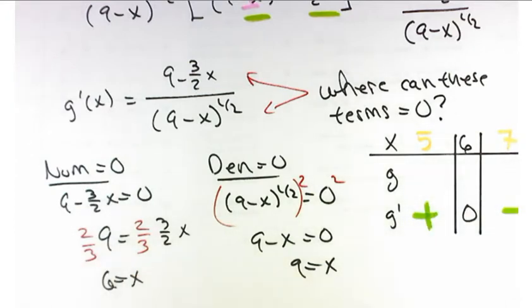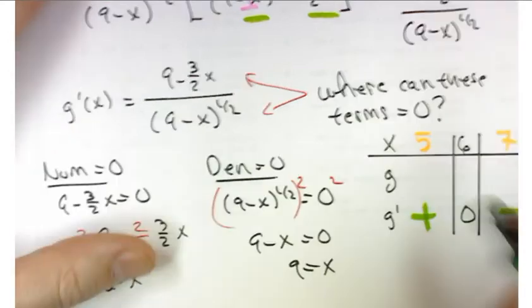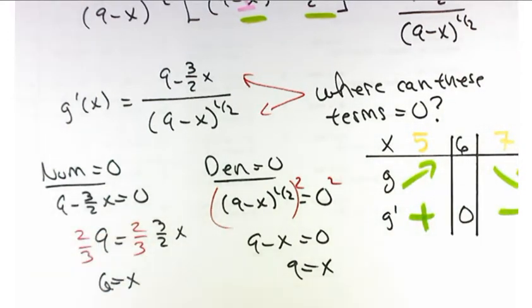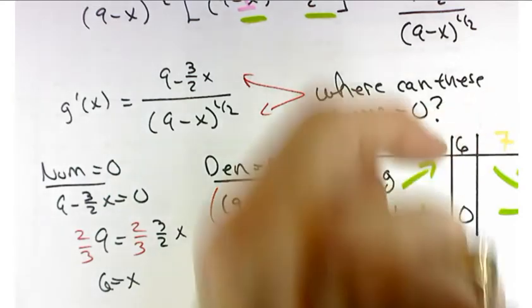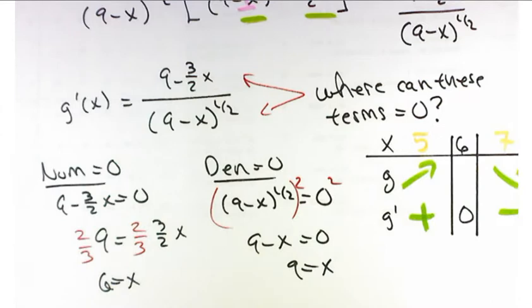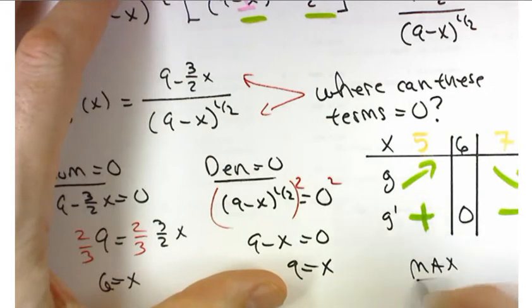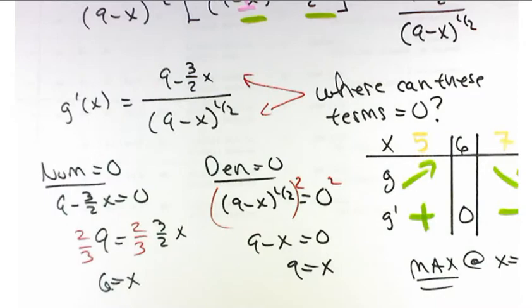So what's that tell us about our function? Increasing, then decreasing. What kind of point does 6 have to be if the derivative is positive and then negative? It's a maximum. Good. So this is a maximum at x equals 6. Nice.